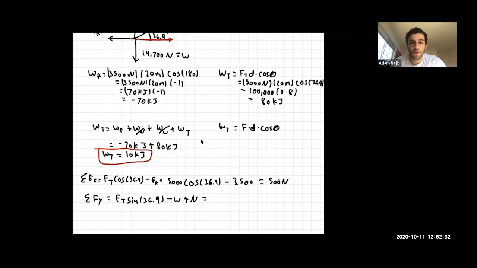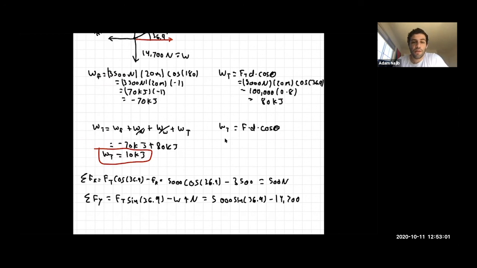And so this should be 5,000 times sine 36.9, minus weight, which is 14,700. And if you had solved for normal force earlier, you would be able to just plug that in.